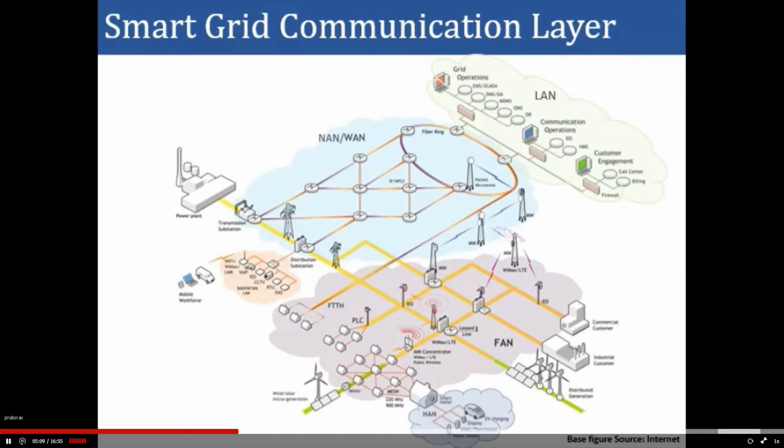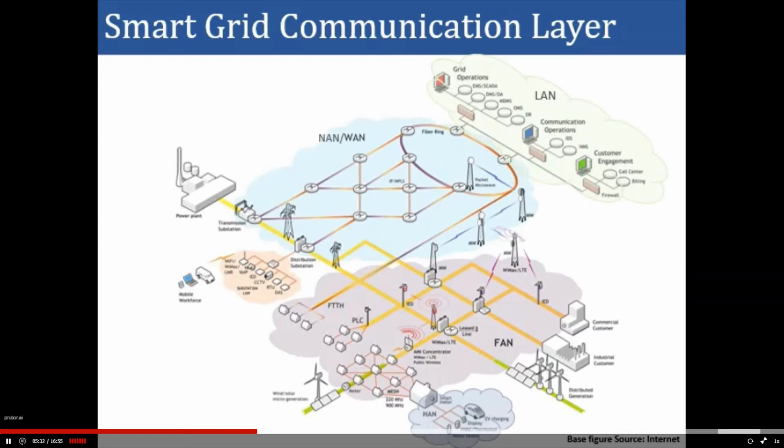So different technologies have different limitations. When we discuss the communication technologies in detail, we will discuss how the various communication technologies can be utilized in various functional applications at the power system network.